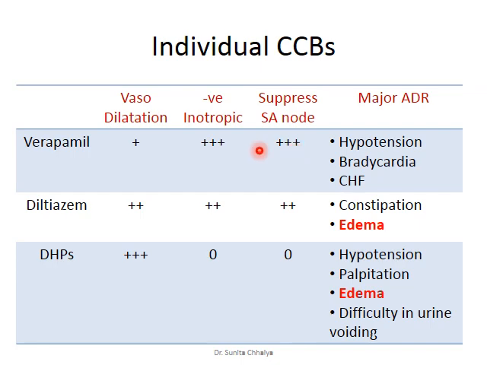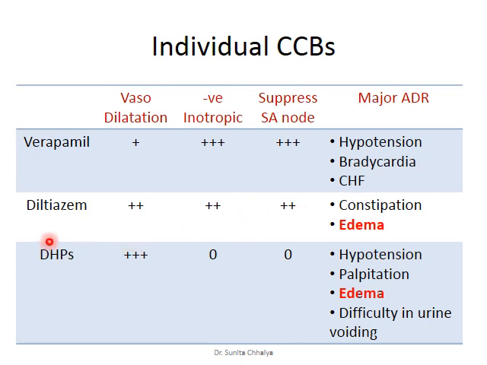It also has some action on vascular smooth muscle, so it produces vasodilatation. Diltiazem has moderate action on vascular smooth muscle as well as a moderate action on the negative inotropic effect and suppression of SN node activity.